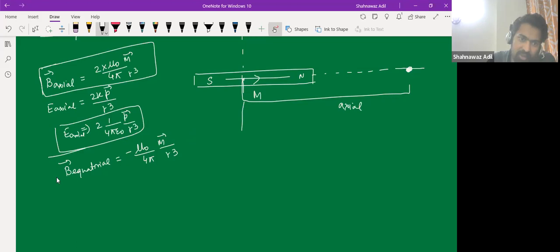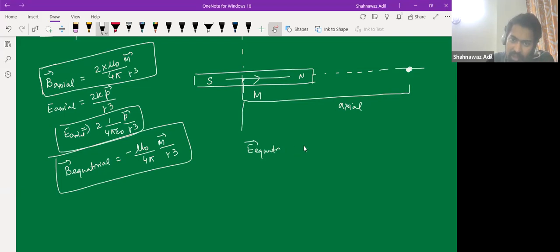What is E equatorial? It is minus kp by r cube. So this would be minus mu naught by 4 pi, m by r cube. That is the difference: 2m by r cube for the axial case.